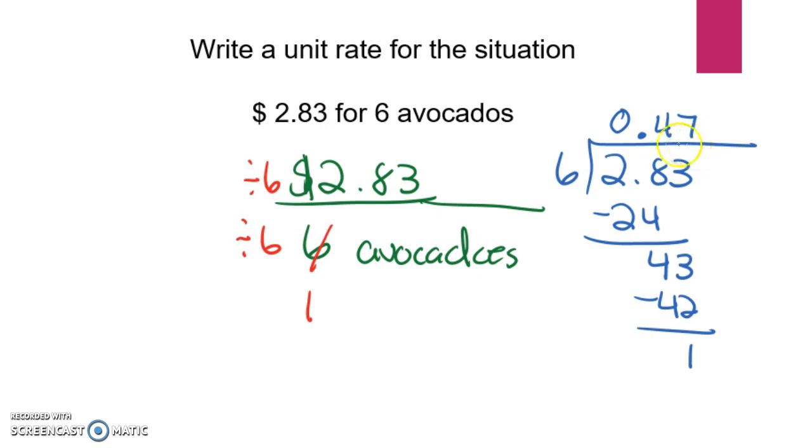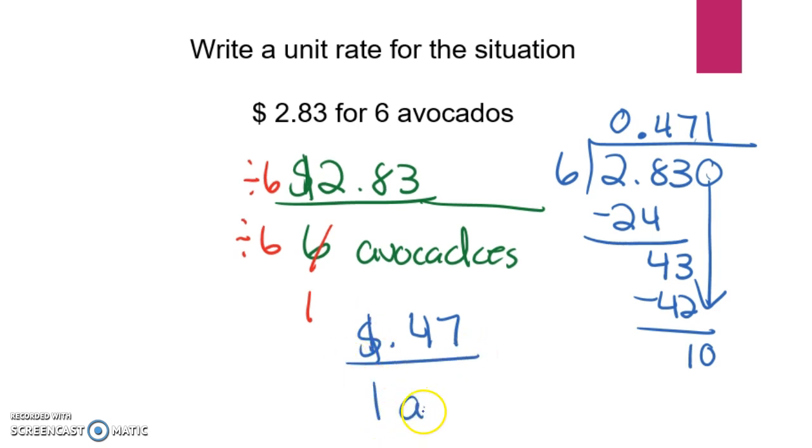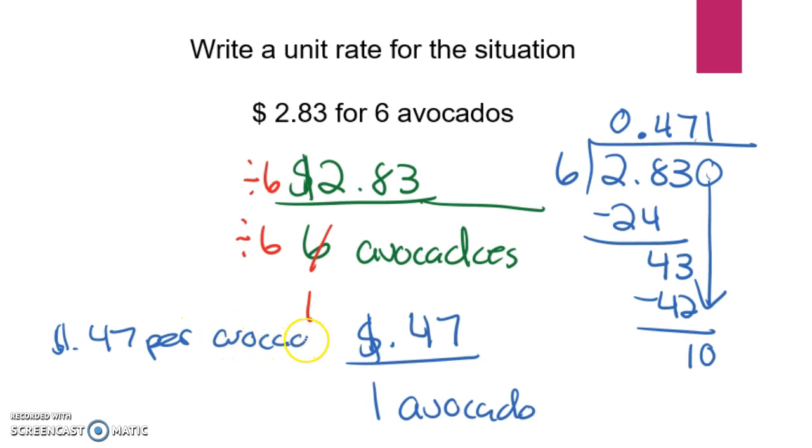The only way to get an exact price is to actually go one more decimal point, because that's going to say whether this stays a 7 or if it moves to an 8. So I'm going to add my zeros, bring that down. This is now 10. 6 goes into 10 once. So my ending is going to be 47 cents for 1 avocado. Or if you wanted to write it, you could say 47 cents per avocado. Anything like that would work.